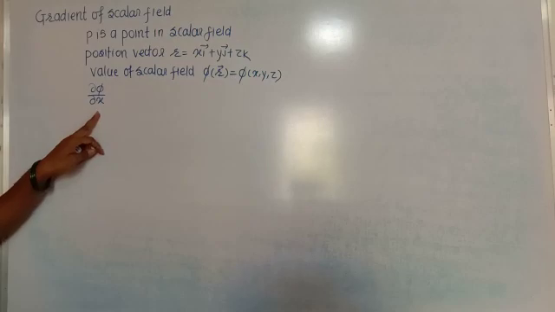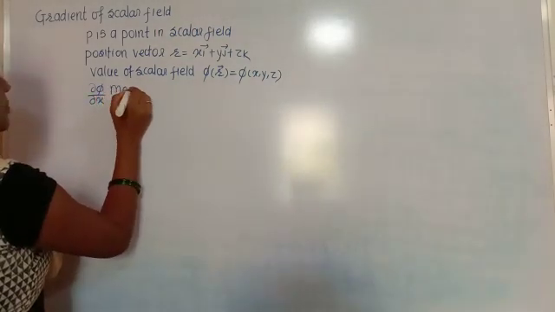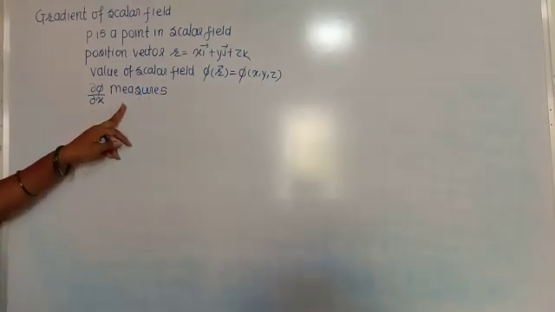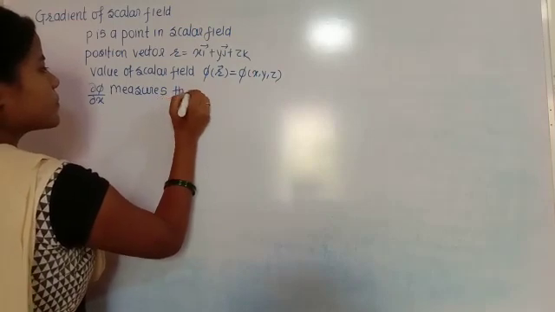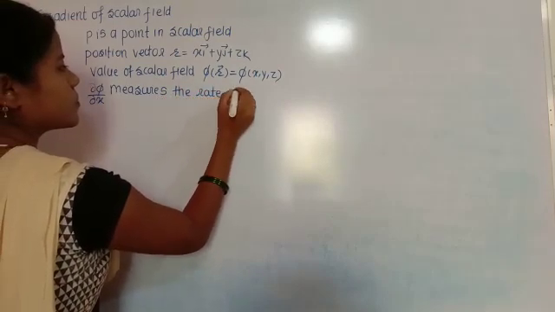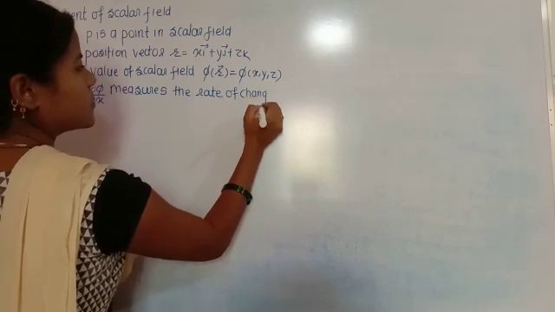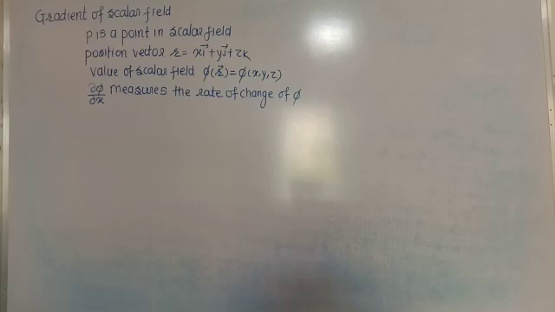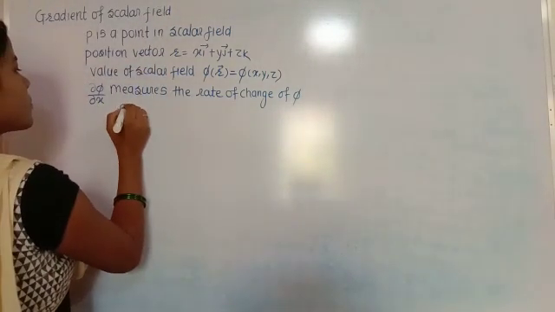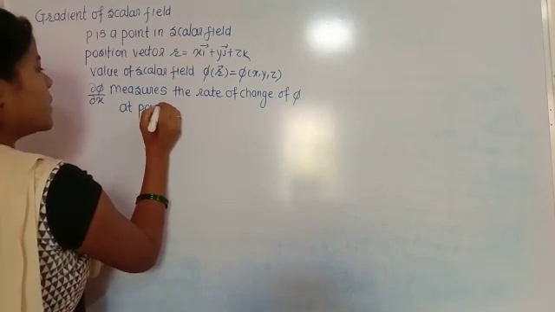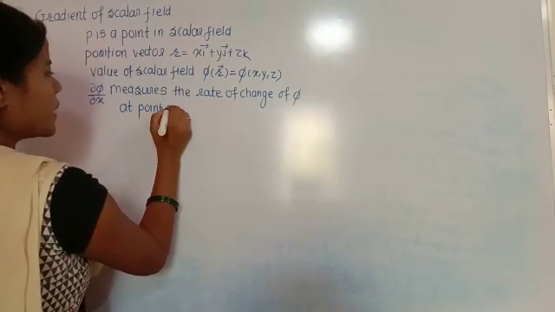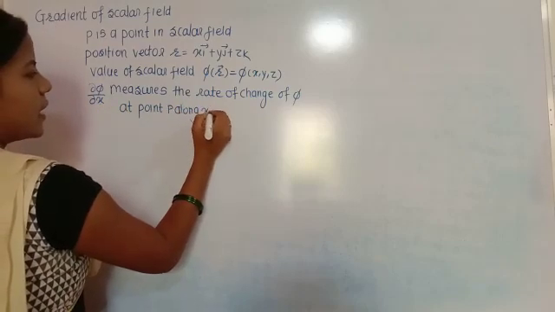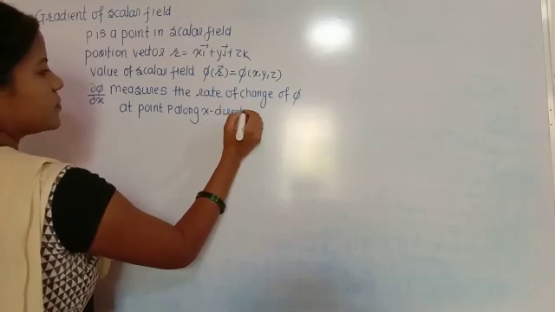This del phi by del x measures the rate of change of phi at point P along the x direction.